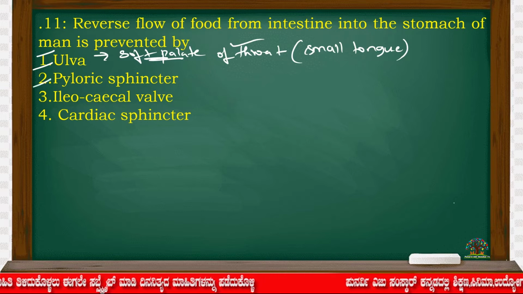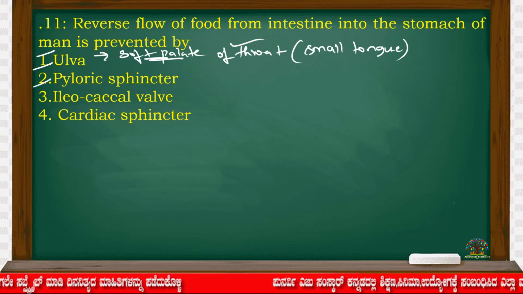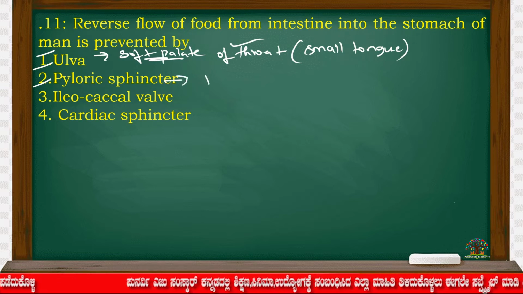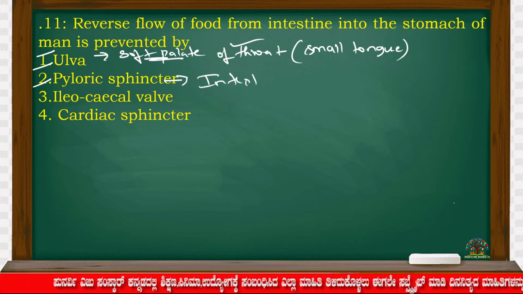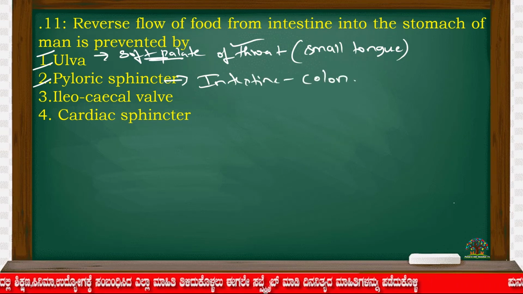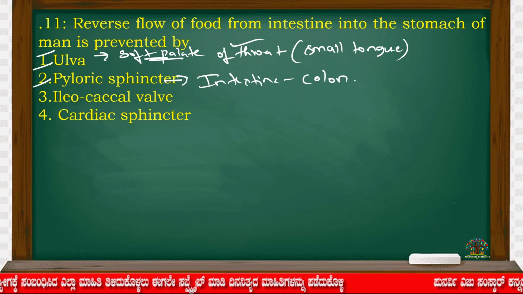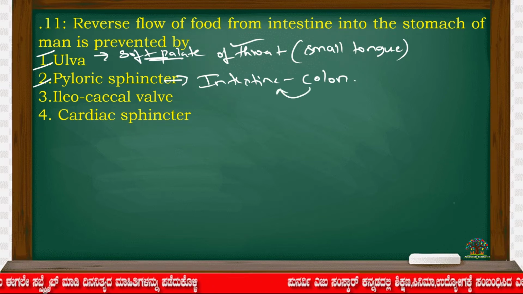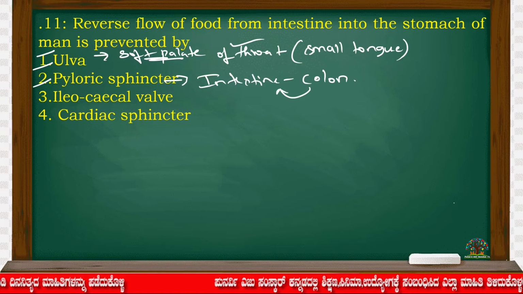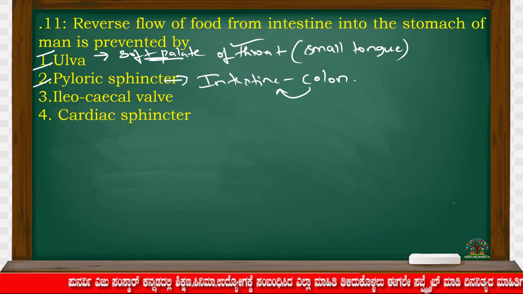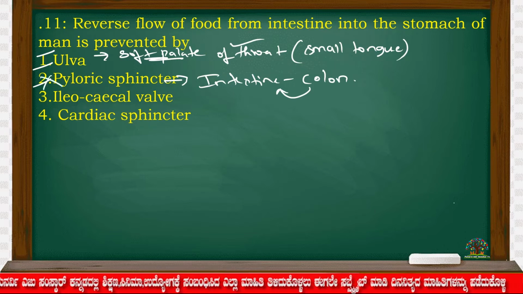The third option, ileocecal valve. Ileocecal valve is a valve that is present between the small intestine and the colon. It prevents the re-entry of substances from the colon into the small intestine, and it is not present between the stomach and intestine. So this is the wrong answer.